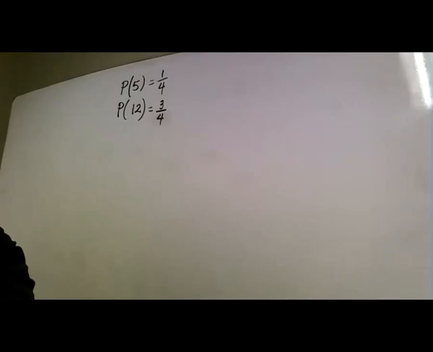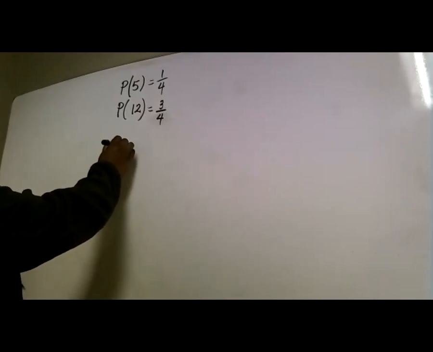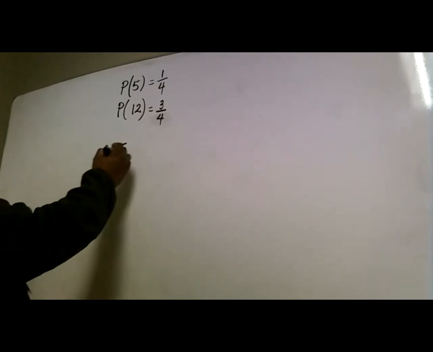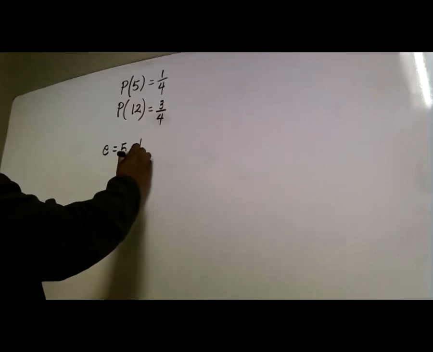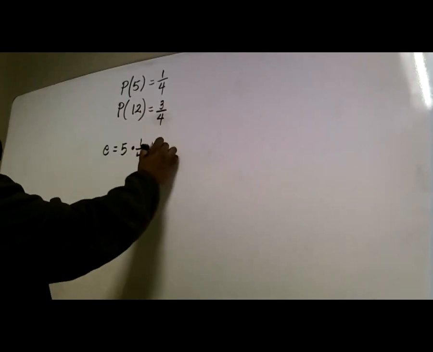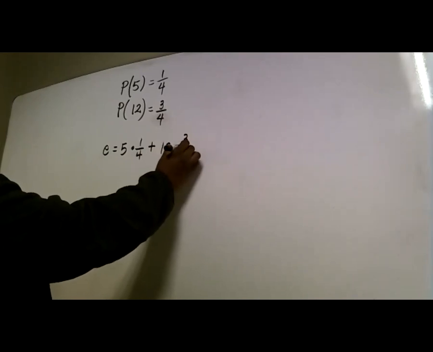Okay, so now let's find out what the expected value is. The expected value is getting the outcome of a 5 multiplied by the probability of getting a 5. That's 1/4. And then plus the outcome of a 12 times the probability of getting 12.